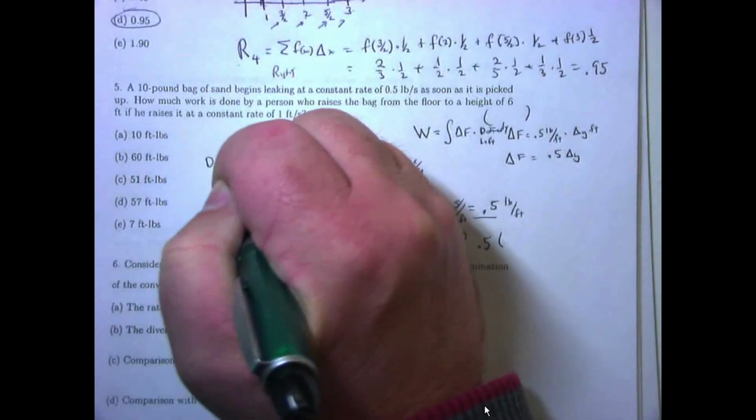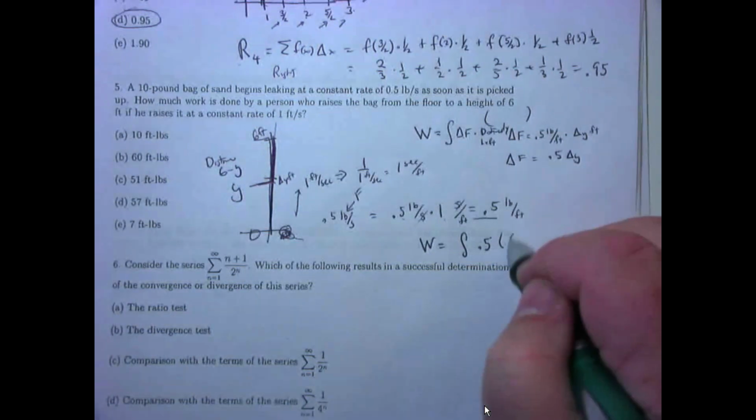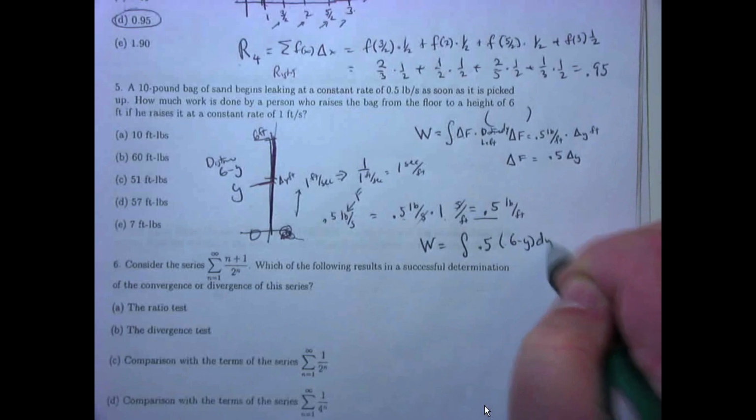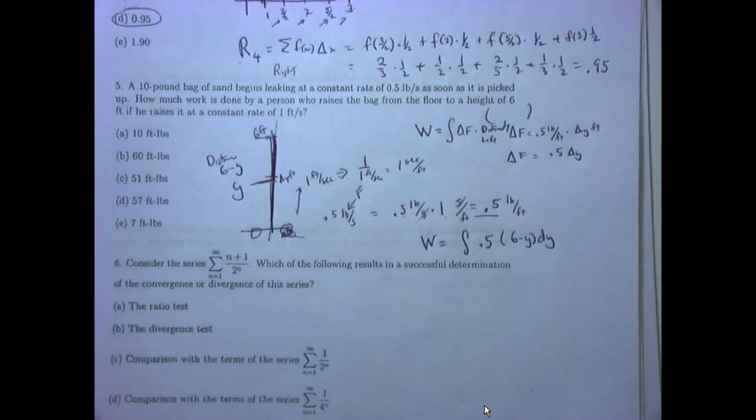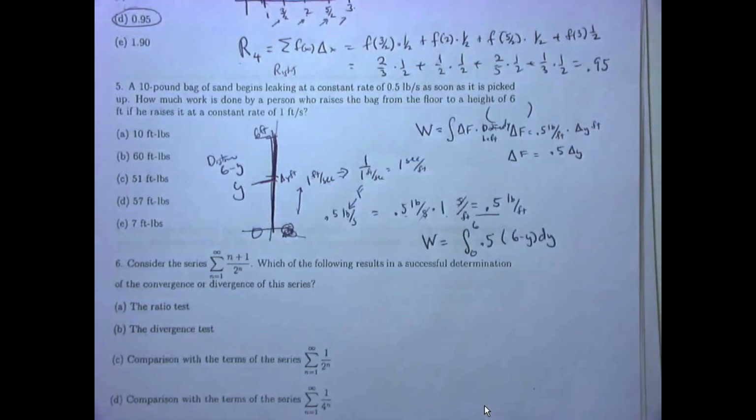You got top minus bottom, 6 minus y. Hopefully all this is coming back to you. This is just like all those work problems we've done. Times 6 minus y dy. And what are my bounds? 0 to 6, because we're lifting it the whole way. Does that make sense?